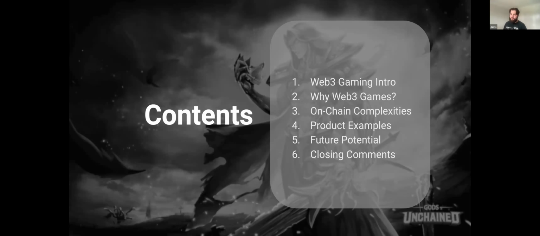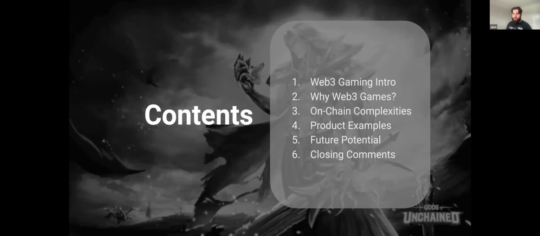And then I'll talk through some example products using the two internal games that are developed at Immutable, Gods Unchained and Guild of Guardians. And then I'll talk about some of my future aspirations for the Web3 gaming space and what I think will evolve over time as we get a better understanding of how players can interact with these open economies that are available in Web3. So yeah, that's the agenda.